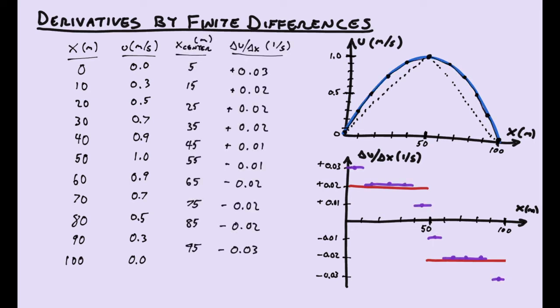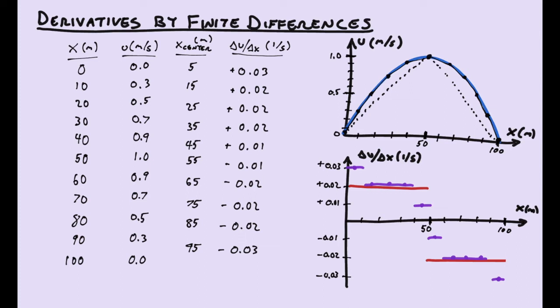Now to calculate the finite difference approximations to the derivatives, we can proceed as before. It's just that we have a smaller delta x, or a smaller difference that we're looking at. So for instance, between 0 and 10 meters, u goes from 0 to 0.3. So the delta u is positive 0.3, and the delta x is positive 10.